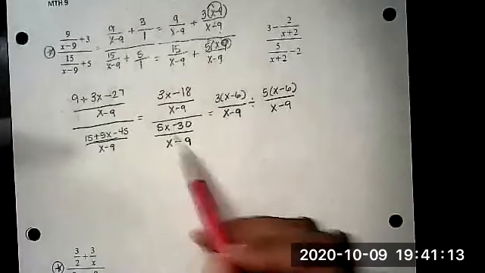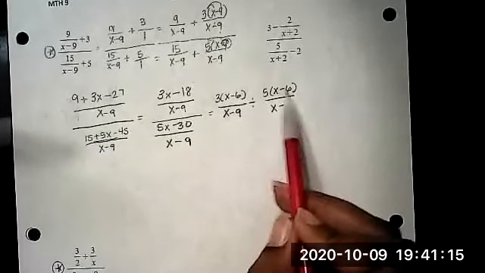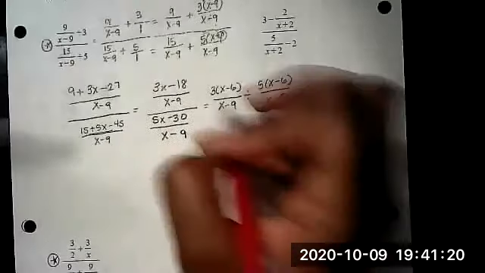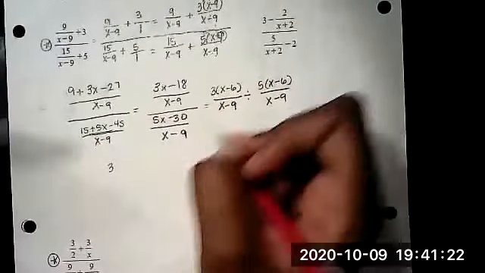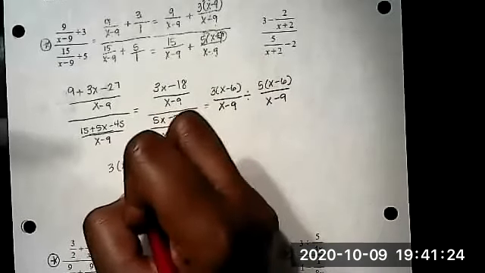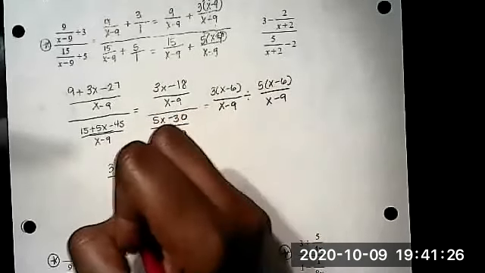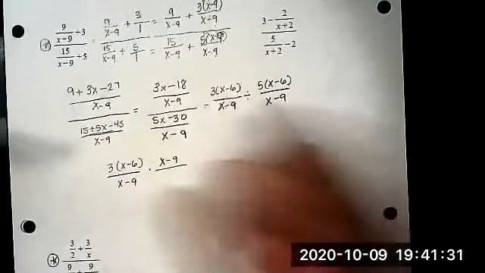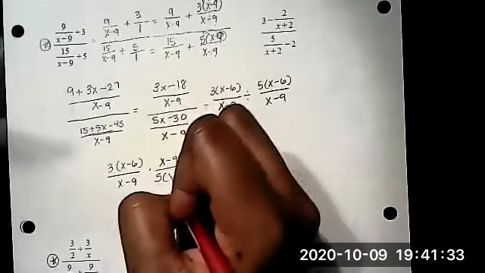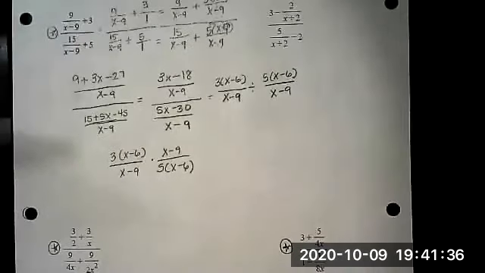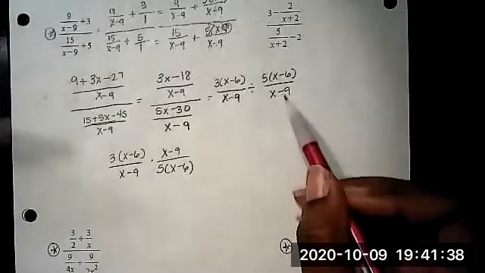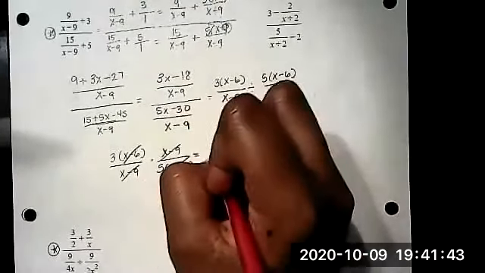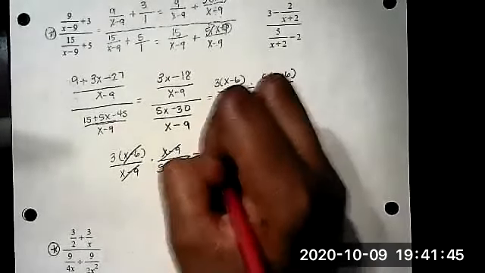I still factored it, the top here and this one here. Since we're dividing, the first stays the same and we multiply by the reciprocal. I flipped that. Now these cancel out, these cancel out. Your answer looks like it's going to be 3 over 5.